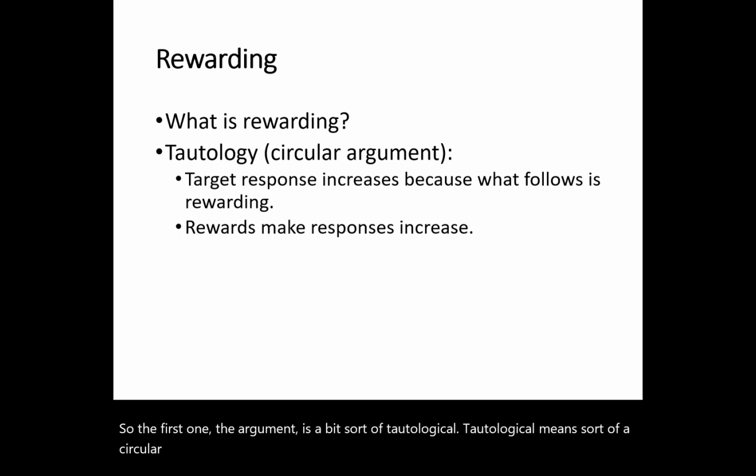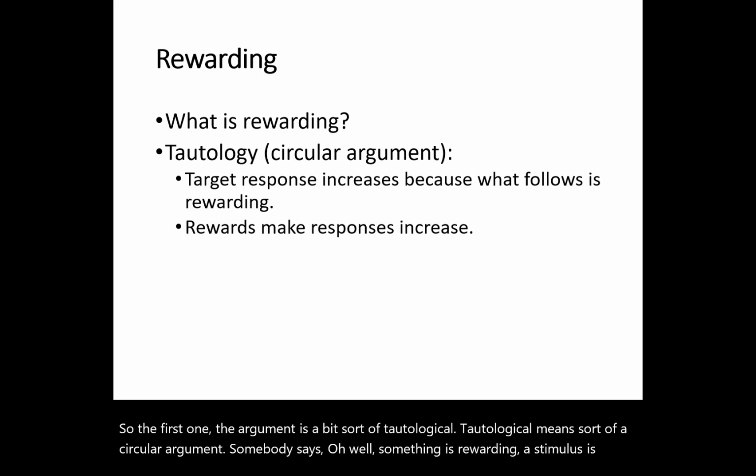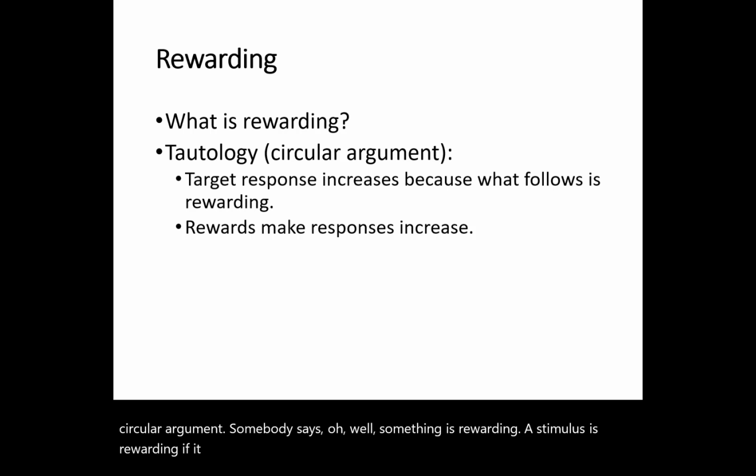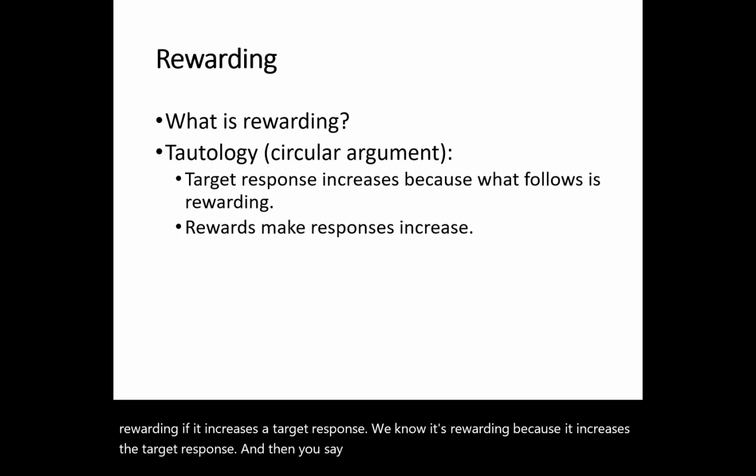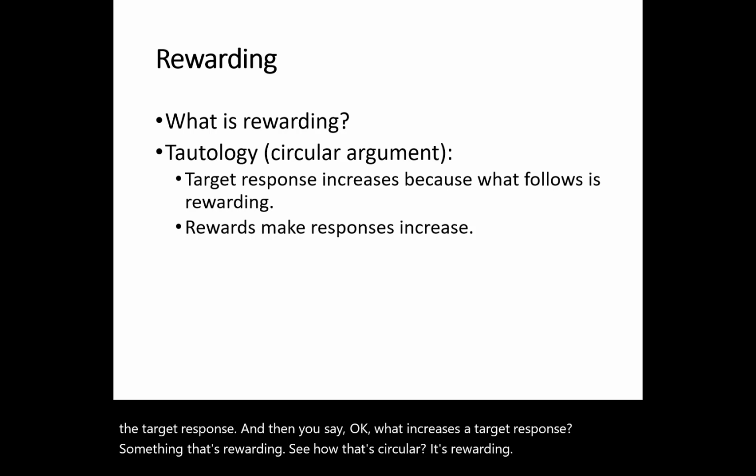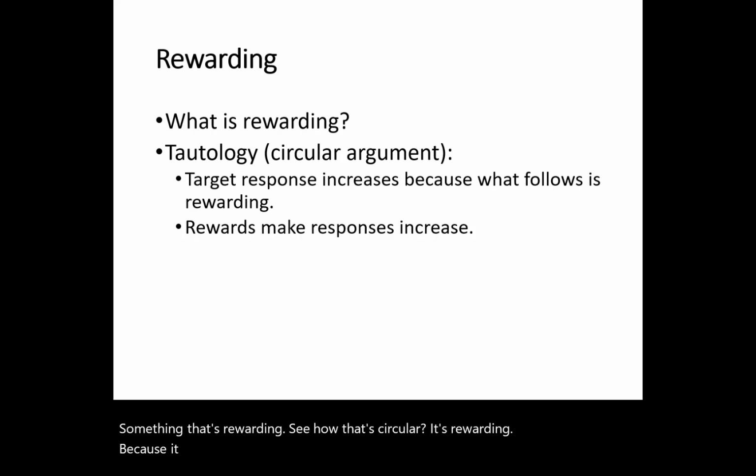Somebody says, oh, well, a stimulus is rewarding if it increases a target response. We know it's rewarding because it increases the target response. And then you say, okay, what increases a target response? Something that's rewarding. See how that's circular? It's rewarding because it increases a target response. And what increases a target response? Something that's rewarding. Doesn't really help us theoretically.